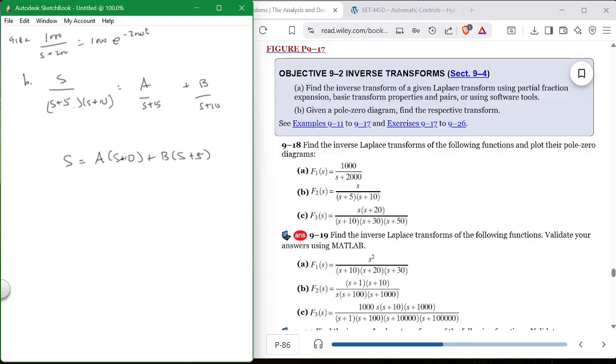I cross multiplied, put it on a common denominator, and cancelled the denominators out, and now I'm down to this. S is equal to A times S plus 10 plus B times S plus 5. How do you find A and B in this case? Let S equal what?